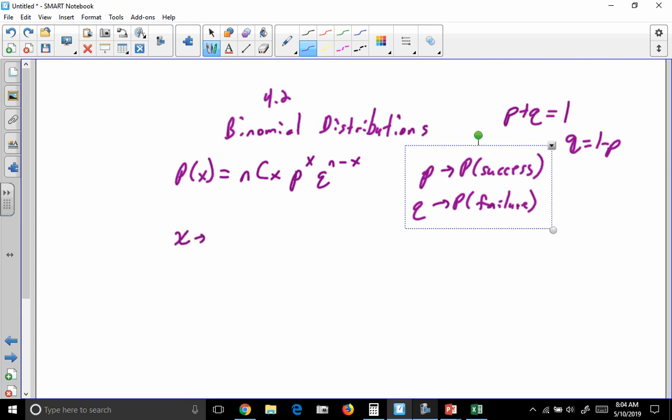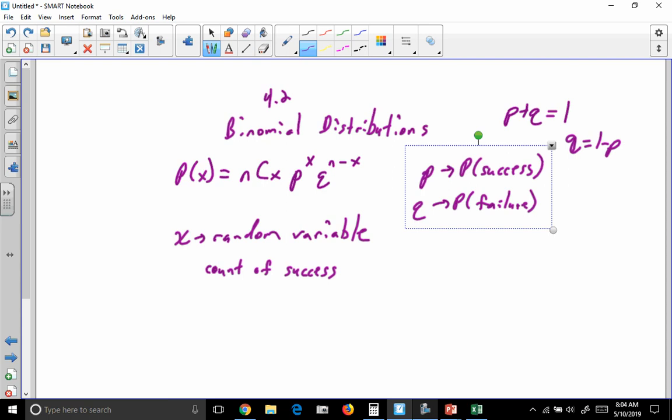x is our random variable, whatever that may be, and it is just a count of successes. Now, we have to be careful with what we call success. In everyday events, success to us is something positive, a good thing.